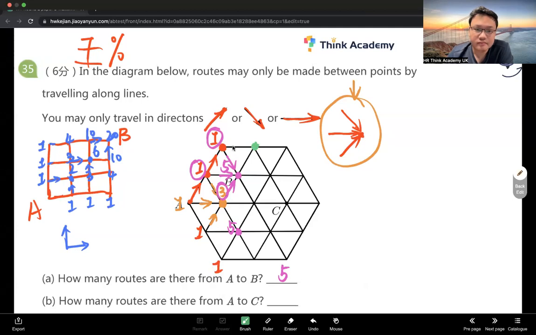Yeah, 1, and also can you get to this place from point B? Yes, that will be 6. 1 plus 5, you get a 6. And also, if you want to go to this position, it's gonna be 5 plus 1 as well, which is 6.